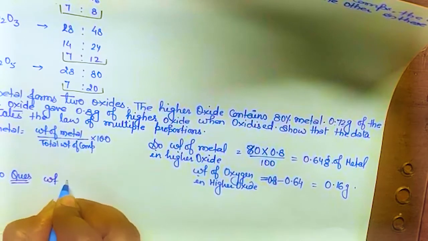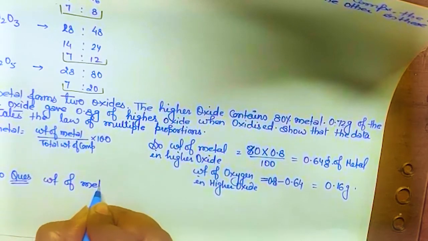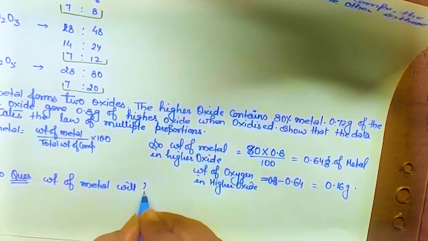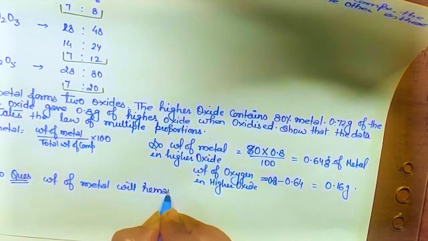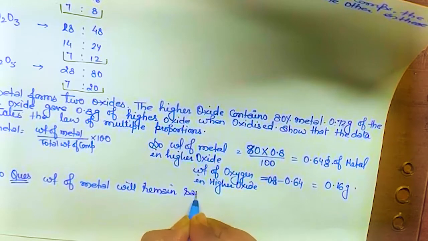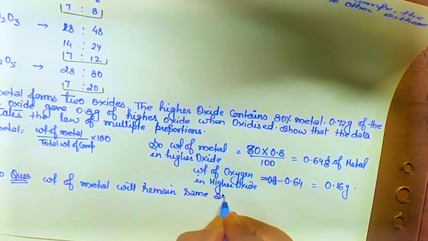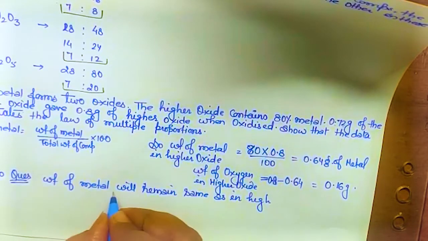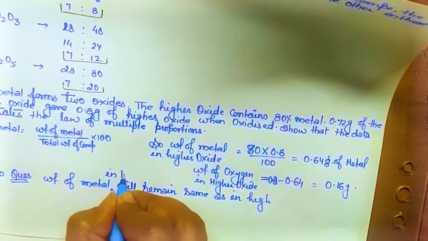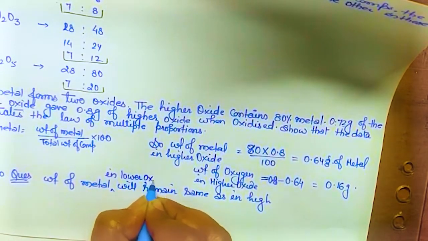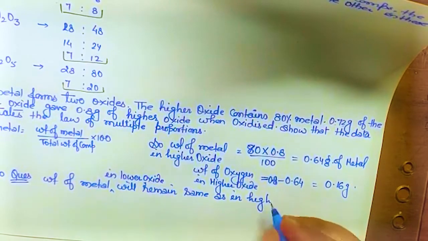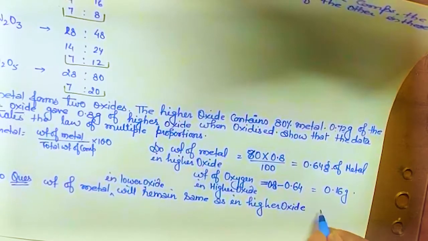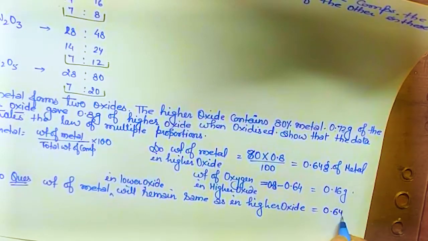Now, according to the question, the weight of metal in lower oxide will remain the same as in higher oxide, isn't it? So what is it? That is 0.64 gram.